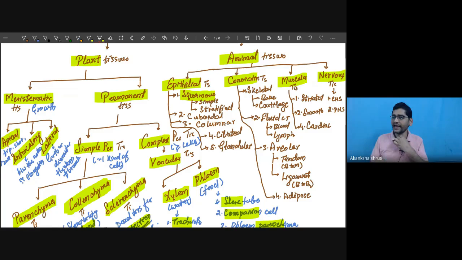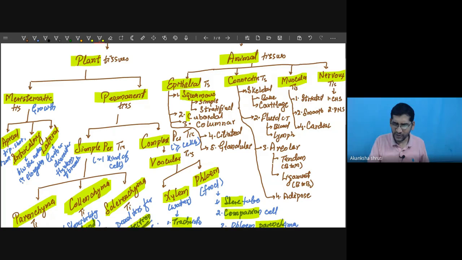Even when you are eating any hard thing, our throat or the inner lining gets disturbed because that is very thin in comparison to our outer skin. So the inner lining is simple squamous and the outer lining is stratified. Like the skin is what? Stratified squamous.